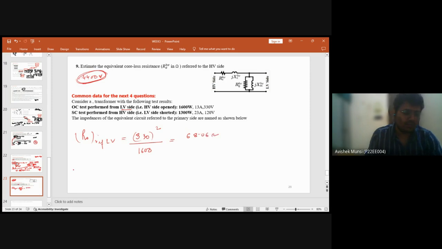But now you're asked to calculate this, referred to the HV side. So if your HV side voltage is given as 4400, then you calculate it and then multiply it with, right?